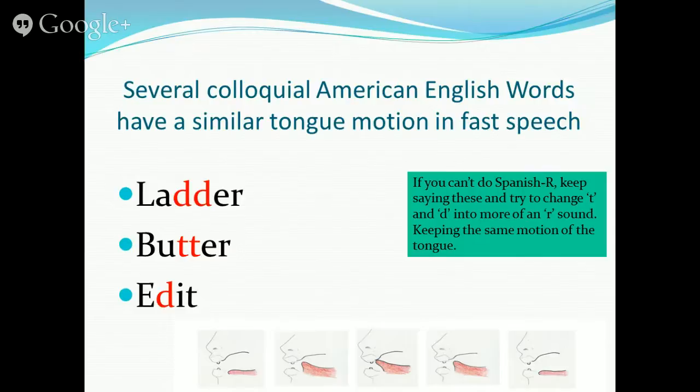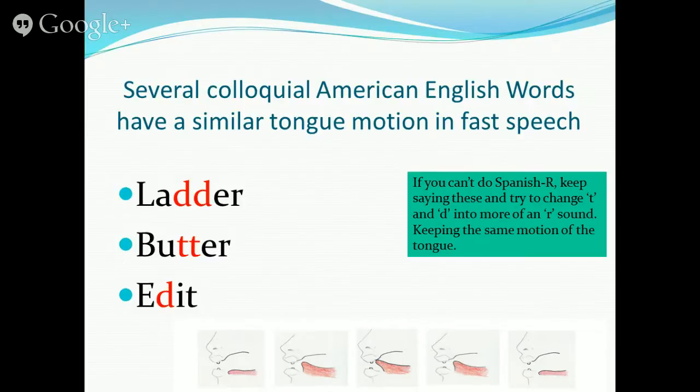So if you can't do a Spanish R, keep saying these words and try, instead of saying a T sound or a D sound, to make more of an R-ish sound. Butter, butter, ladder, ladder. It's easier for me with butter, because in my opinion, butter is an even closer movement than the D in ladder.